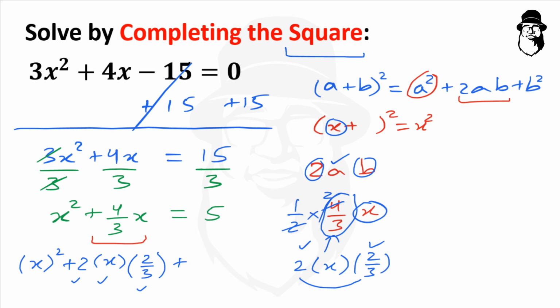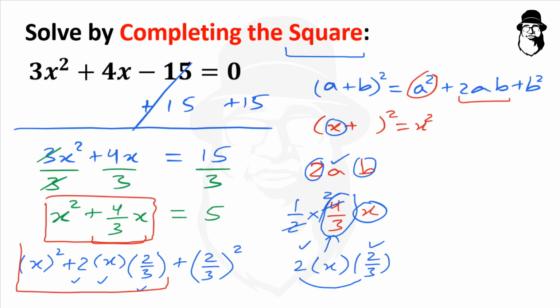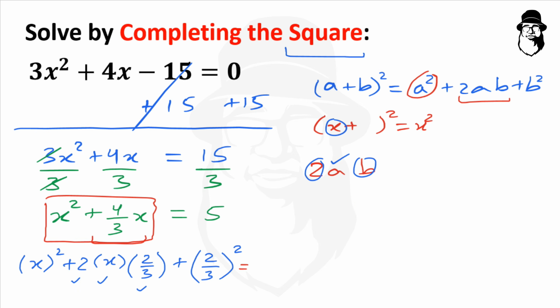So we have to take the square of this b, that is 2 over 3. But we know that the left side is equal to this part only. If we are adding this thing additionally on the left side, we have to do the same on the right side also. So it will be equal to 5 is already there. So 5 plus 2 over 3 squared.